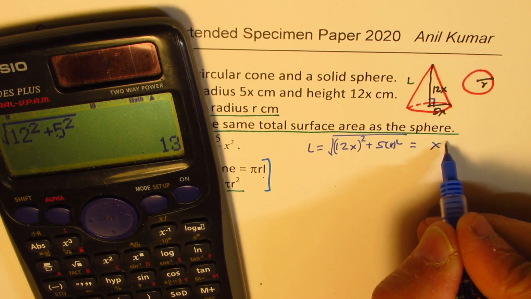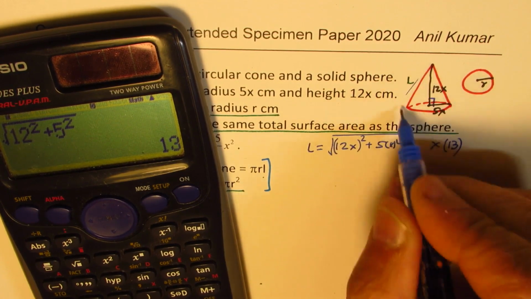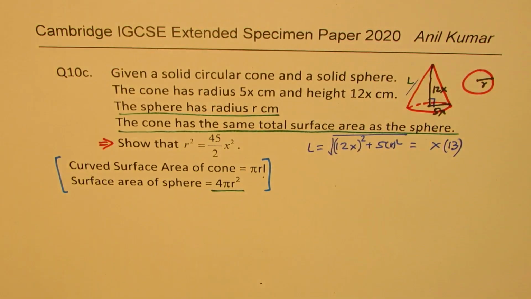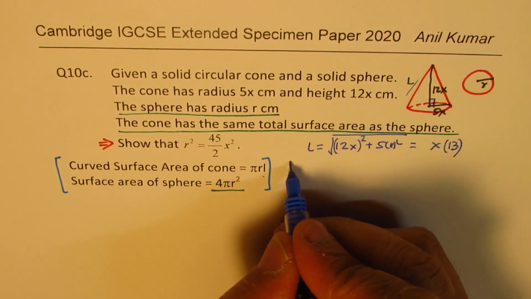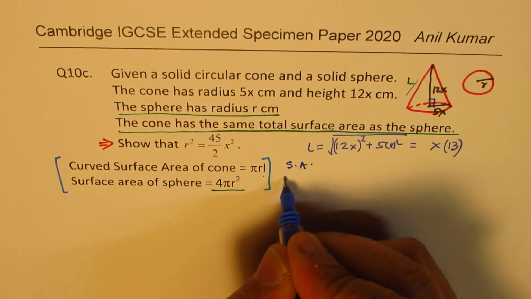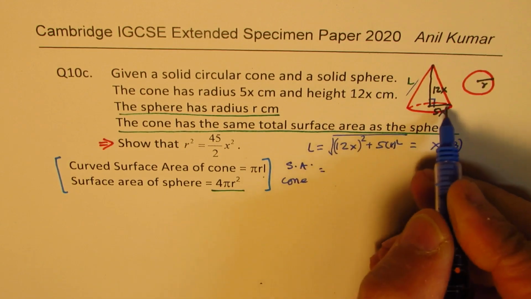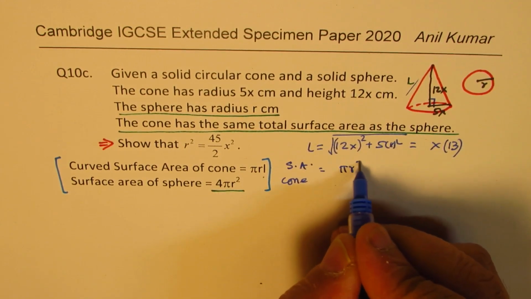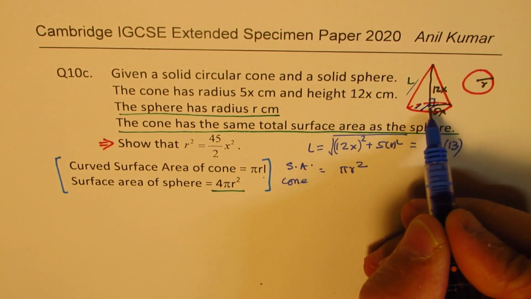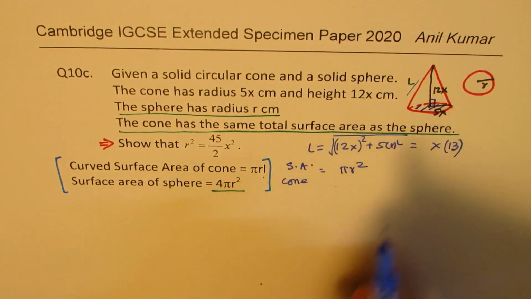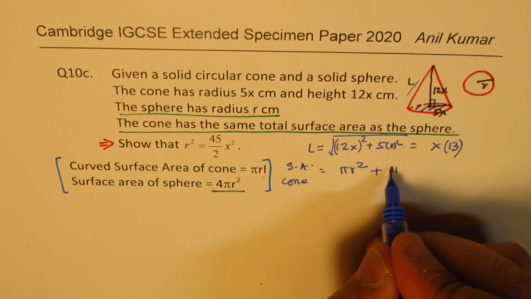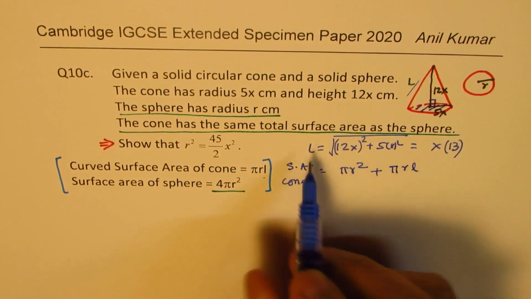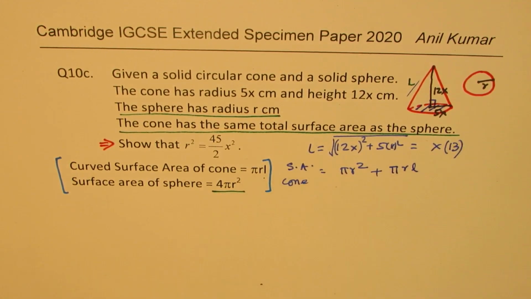So we got 13x as the lateral length. Now what is the surface area of this particular cone? The surface area of the cone will be pi r squared, which is the solid surface at the bottom, plus pi r l, which is pi times r times l, where l is 13x.